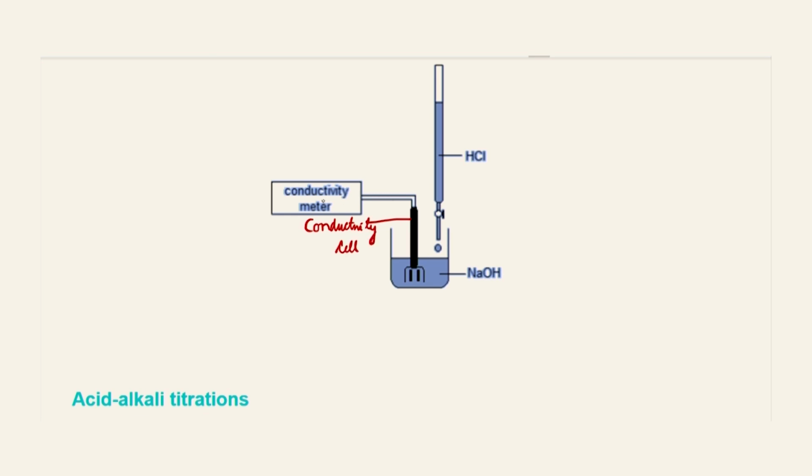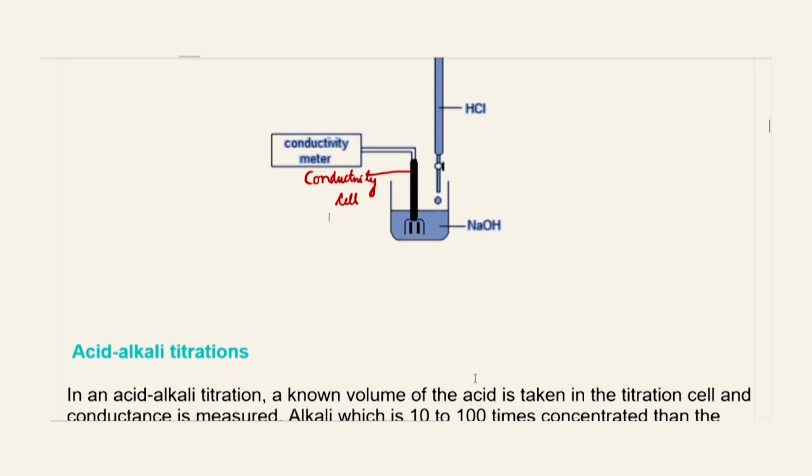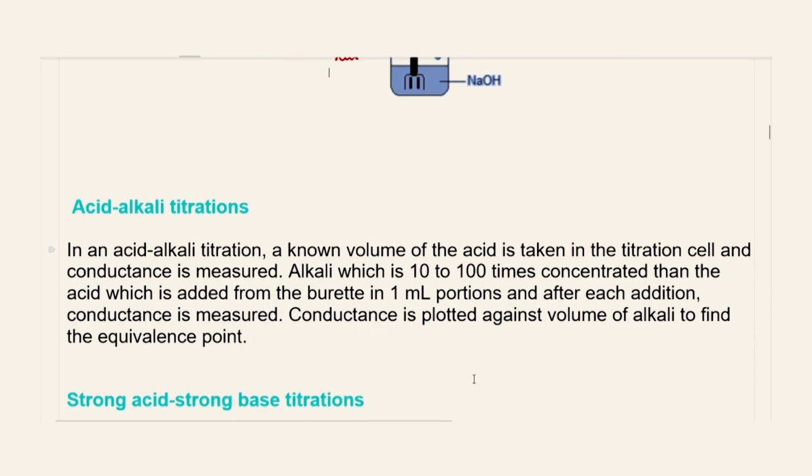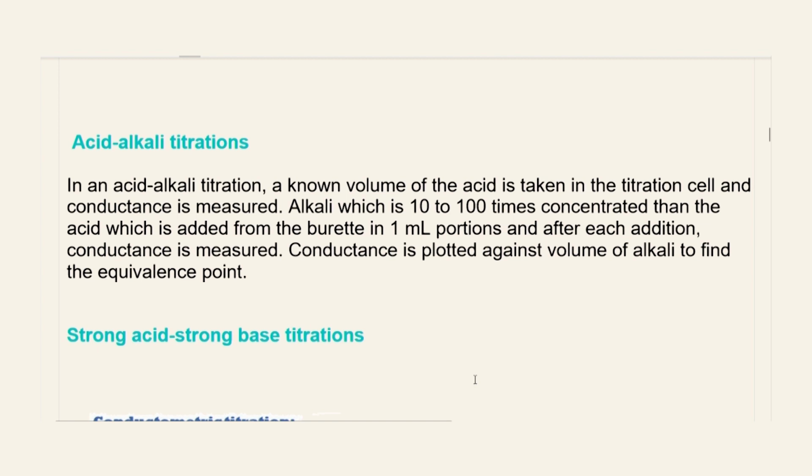And it is read from the conductivity meter, the conductance you will be getting. HCl is added from the burette, and during the titration the temperature is kept constant. Either you can keep it in a thermostat or you can keep it at room temperature if there is not much variation. Here we will be seeing different types of titrations.